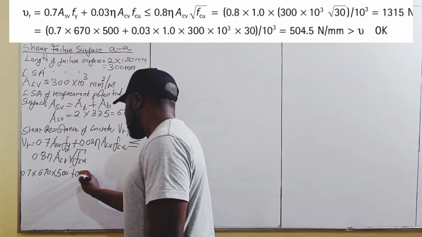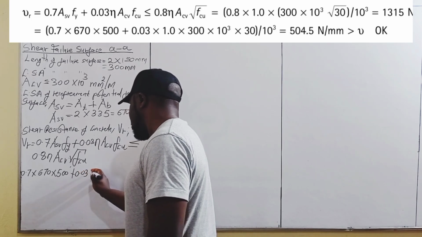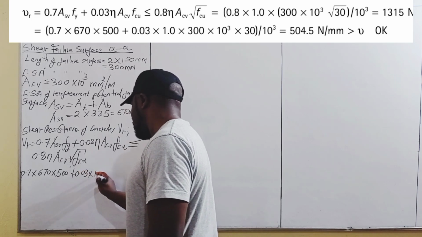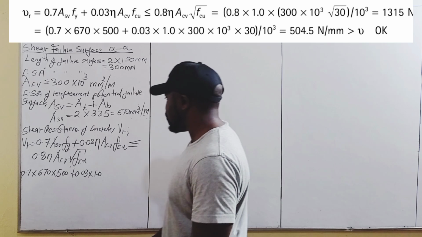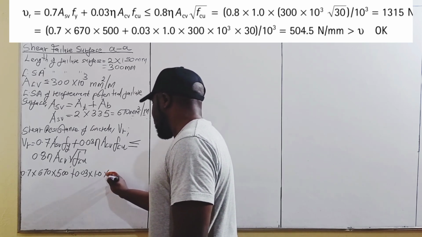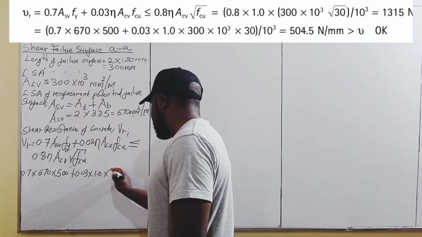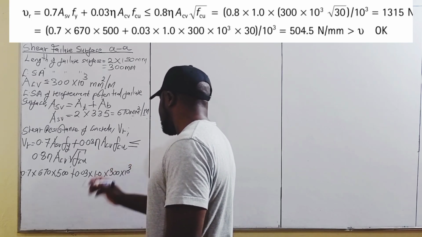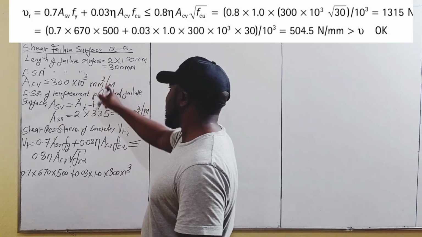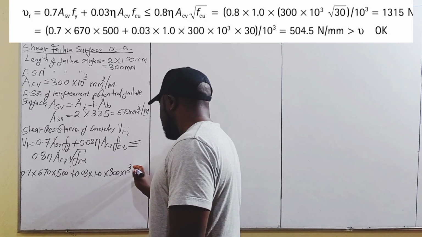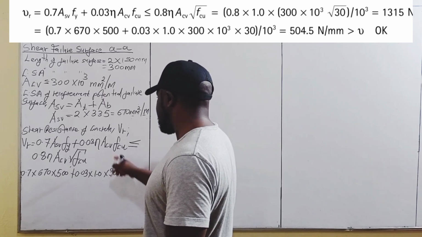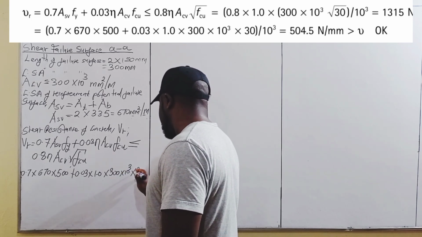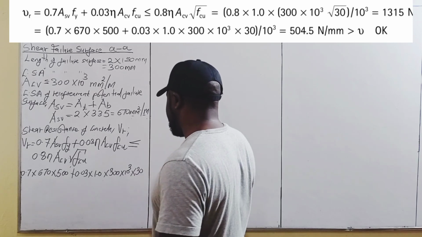Then we add 0.03 times a constant N, which is 1.0 for normal concrete, multiplied by ACV, which is 300 times 10 raised to the power of 3 millimeters squared per meter. And then we multiply that by FCU, which is characteristic strength of concrete, that is 30.